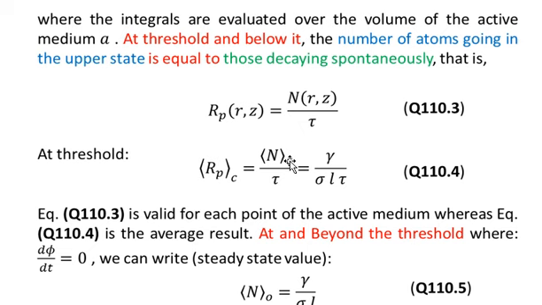replacing the critical value of NC by its value from equation number 1, and that will give us the critical value of RP, the critical value of the pumping rate averaged, equal to gamma over sigma into L into tau.